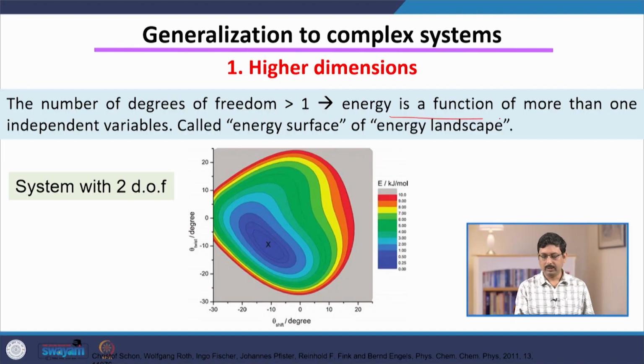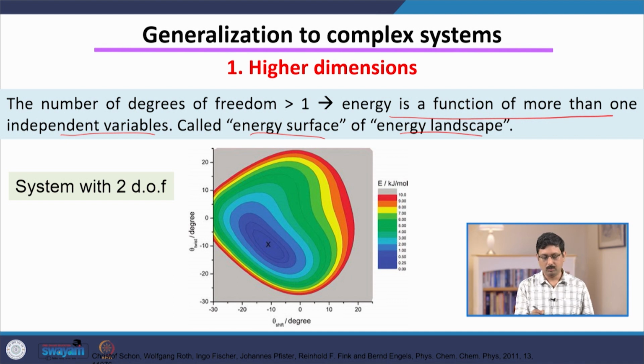So, in this case, the potential energy is a function of more than 1 independent variable, and hence it is called an energy surface if the number of variables is 2, and if the number of variables is 3, then it is called an energy landscape.